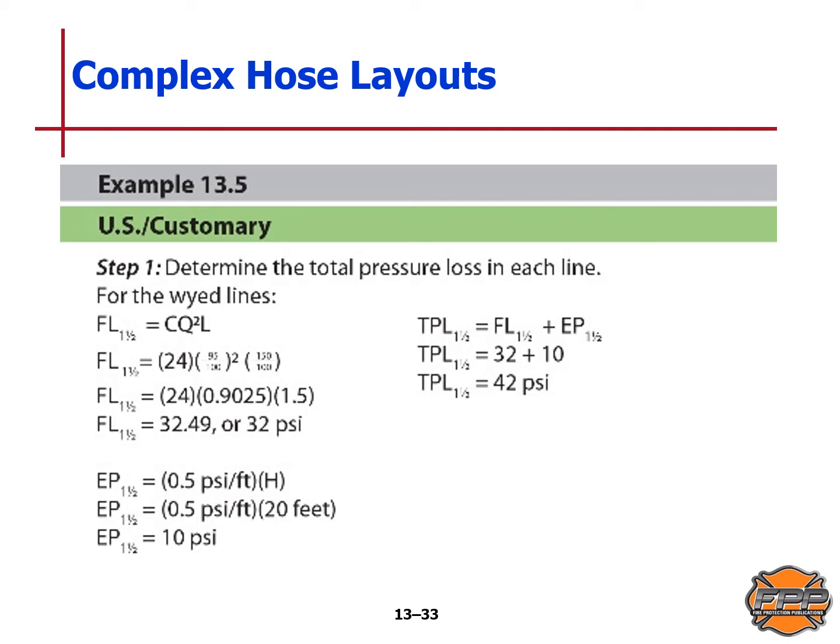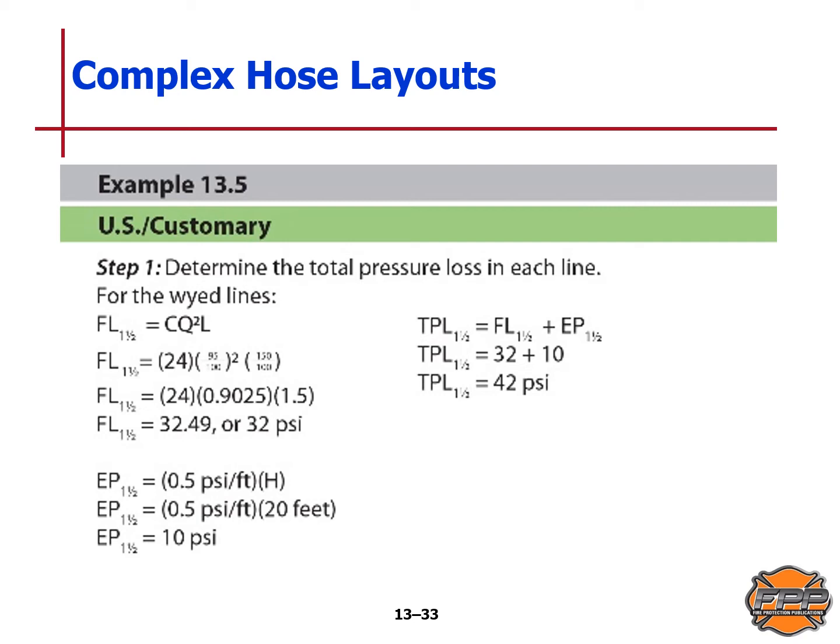Now you have to look at the elevation pressure. Elevation pressure at the 1.5-inch hose line is 0.5 psi per foot of elevation. So the elevation pressure at 1.5-inch is 0.5 psi per foot times 20 feet.